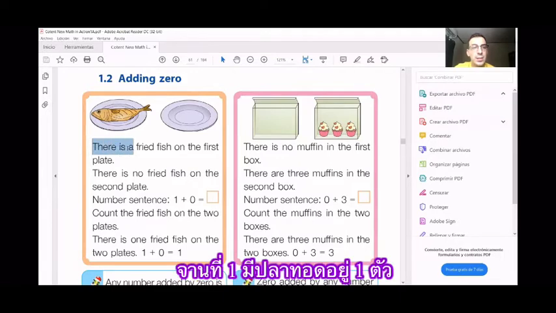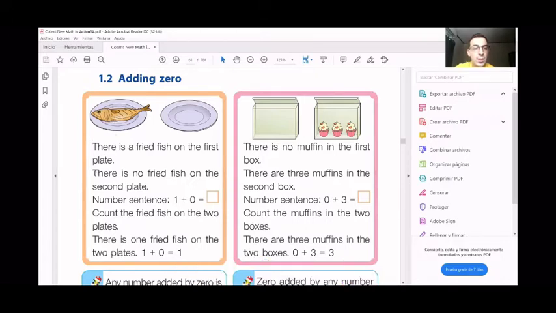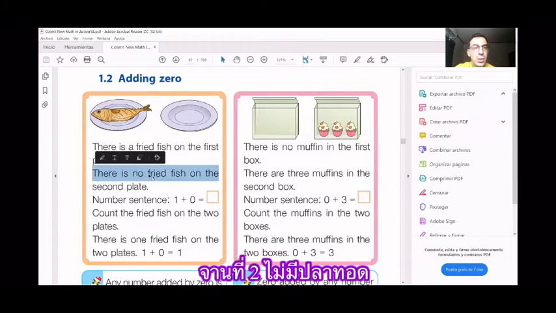1 fish. So let's read the example. There is a fried fish on the first plate. Here it is, 1 fish in the plate, fried fish. Next sentence, let's read. There is no fried fish on the second plate.